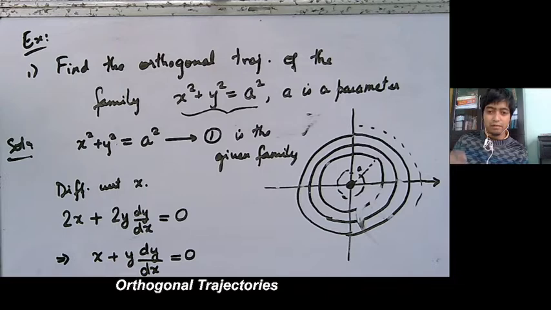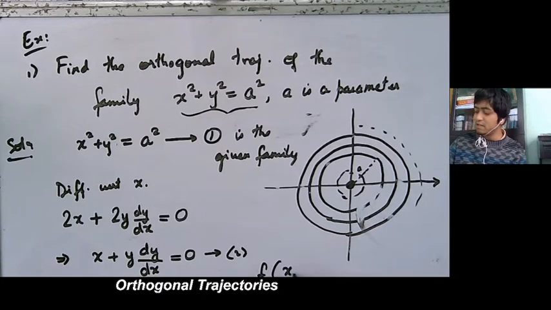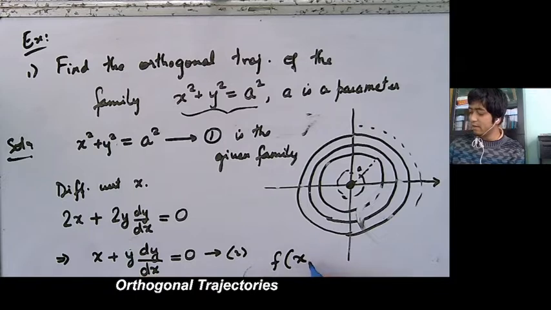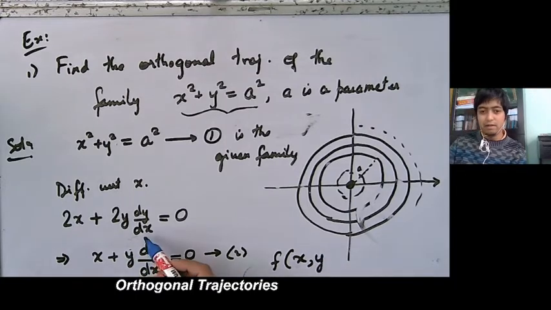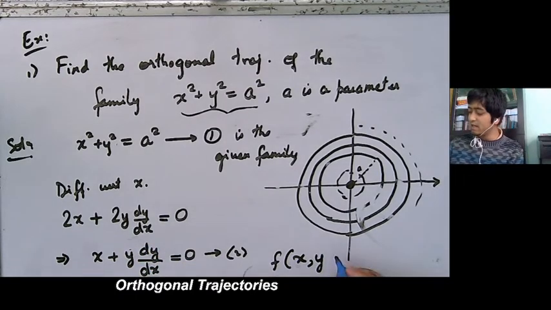Remember that the second step is that we have to obtain the differential equation, which is a function of x, a function of y, just like we are having here, an expression containing dy/dx, which is over here, and also it may contain a.